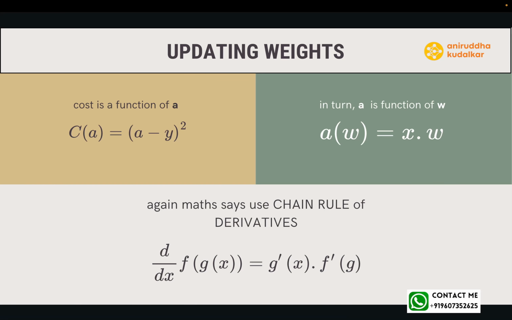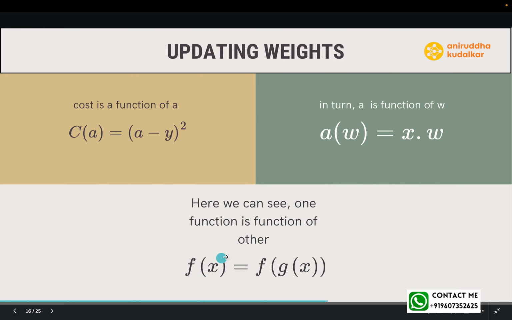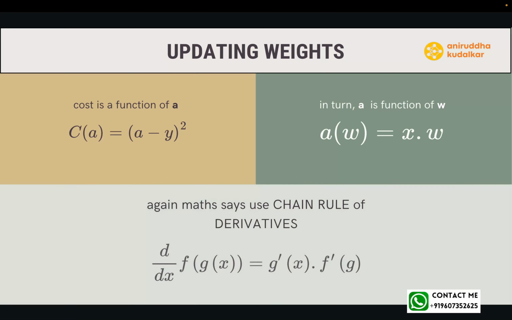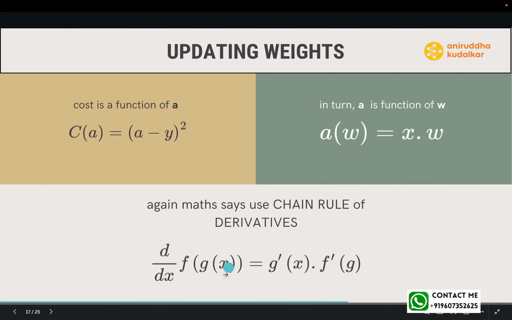Go to Google and search for the standard formula for the chain rule. You will get a detailed explanation of how they came to this point, but you don't need to go to that deeper level. You just need to know the formula for the chain rule. When one function is a function of another, at that time the chain rule is applied. And what is the standard formula?